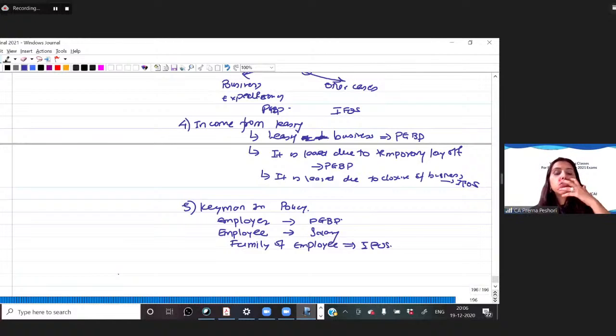Give me the answers in the chat box quickly. Whether the interest received on enhanced compensation is taxable as income from other sources or under the head capital gain.